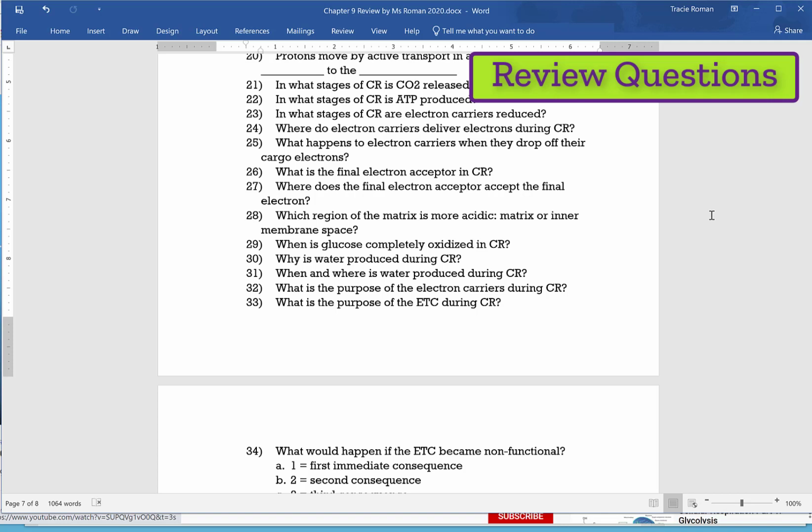The first immediate job is to deliver electrons to the electron transport chain. Then those electrons are used to actively pump protons from the matrix into the inner membrane space. The purpose of the electron transport chain is to make the proton gradient that will power ATP synthase.